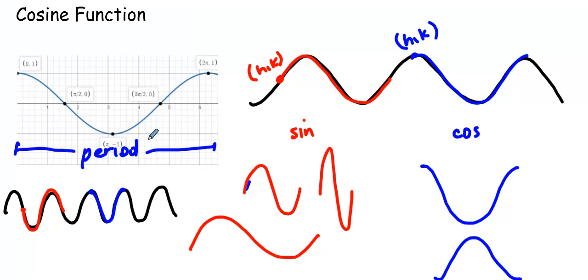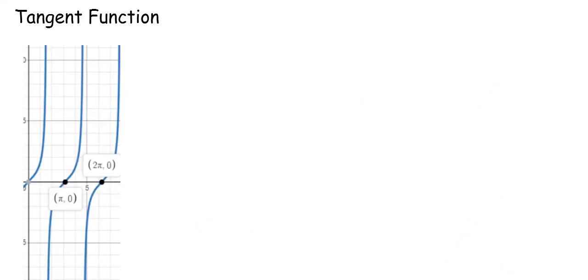So let's say if a Ferris wheel was turning, someone gets on the Ferris wheel, a full turn of the Ferris wheel, let's say 25 seconds, the period would be 25 seconds. So we're not going to be drawing these functions too much in this short period of time that we have. We're going to be solving, but I at least wanted you to have an idea of what these functions look like. And then we have the tangent function.